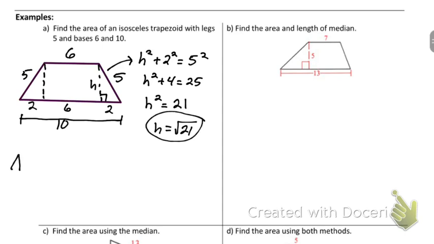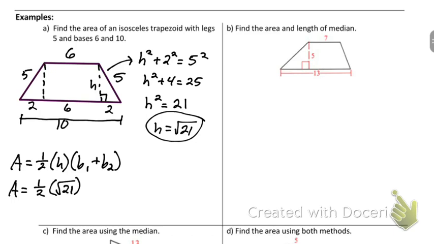Because our area equals 1/2 our height times our base 1 plus our base 2. Well, in this example, we're going to have area equals 1/2. Our height is square root of 21. Our base 1 is either 6 or 10, your choice. I'm going to say 6 plus 10.